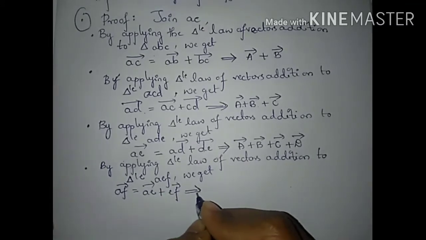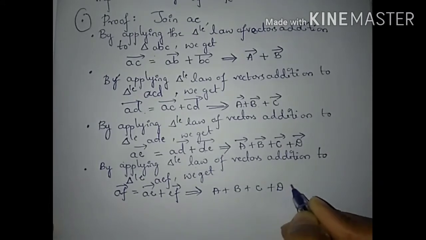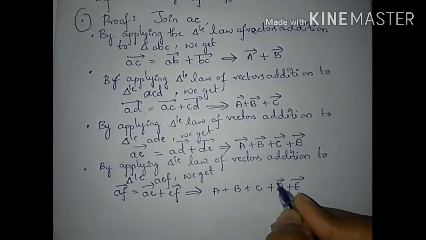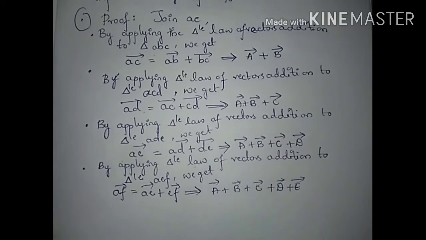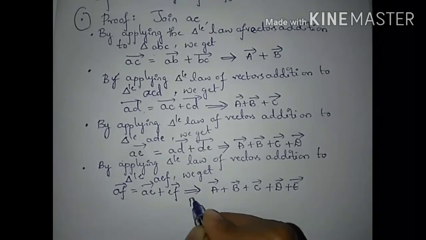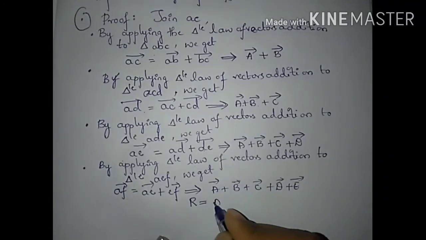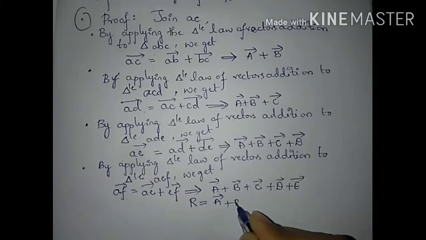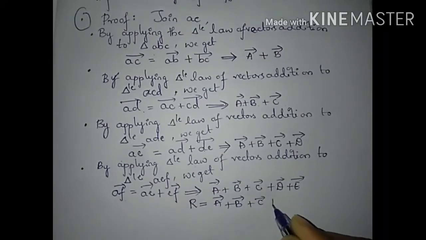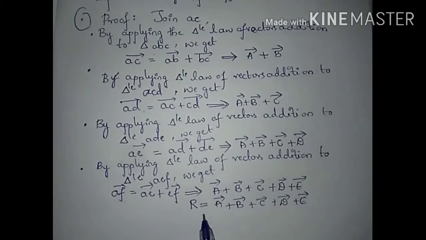So that can be written as A plus B plus C plus D plus E. So this AF is R. So now R, the resultant vector, is given as vector A plus B plus C plus D plus E. So this proves the polygon law of vectors addition.